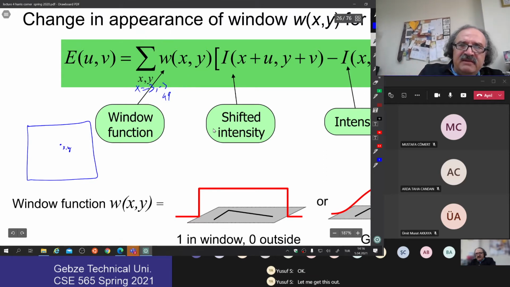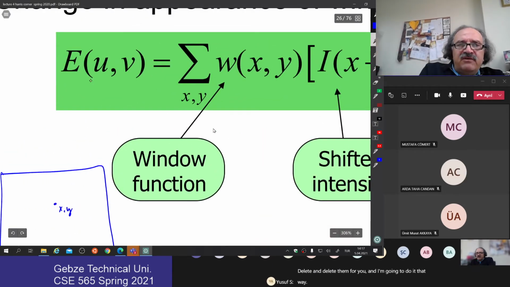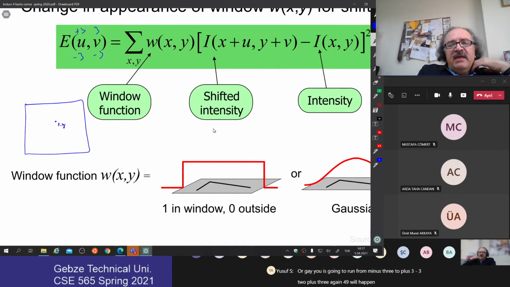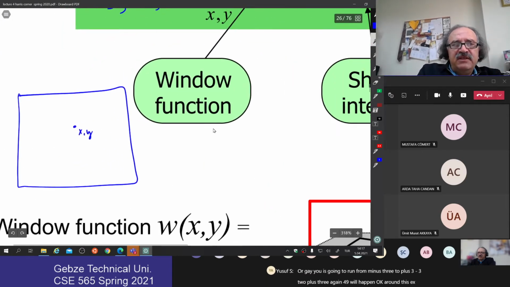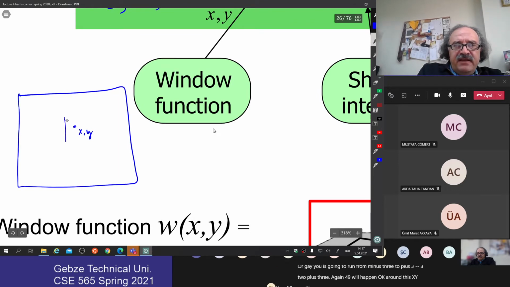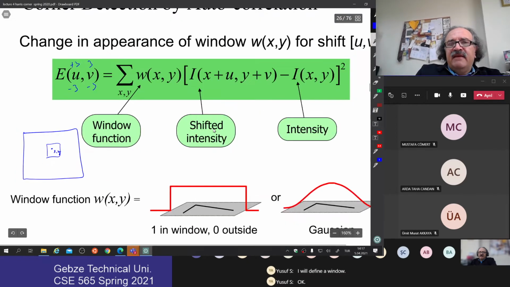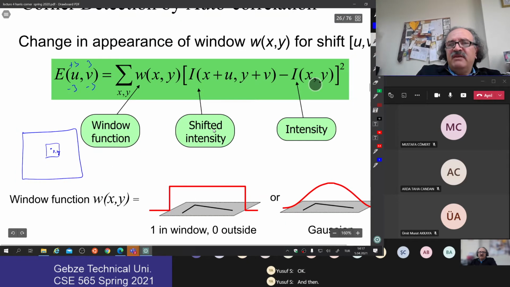Delete and delete. For U and V I am going to do it that way. Okay, U is going to run from minus 3 to plus 3, minus 3 to plus 3. Again, 49 will happen. Okay, around this XY position, I will define a window, and this is going to give me that window.